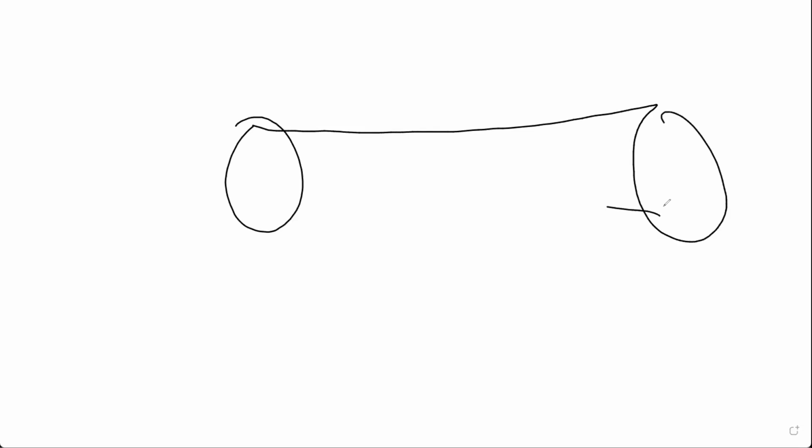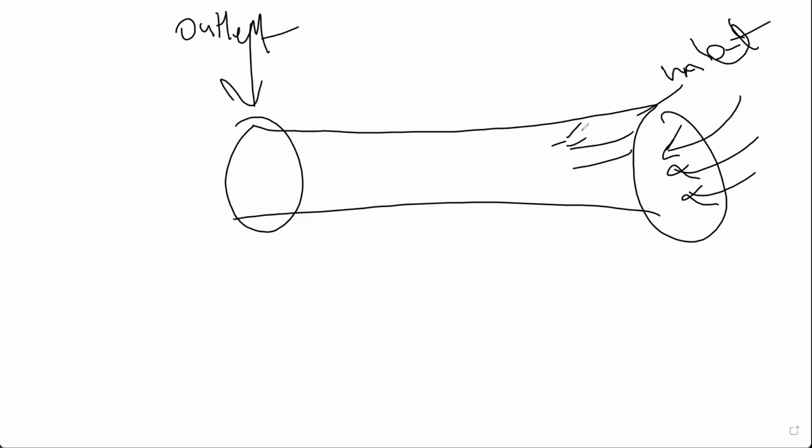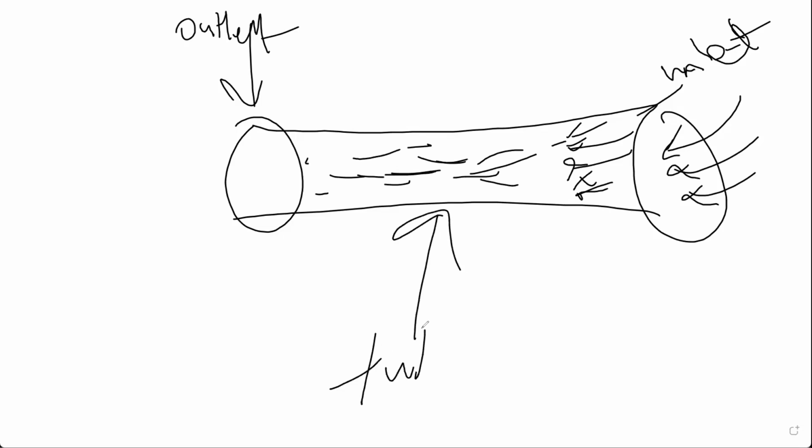So when you are passing gasoline, this is an inlet, like a tube, right? This is an inlet, and this is my outlet. I'm passing gasoline through this pipe, through this tube.